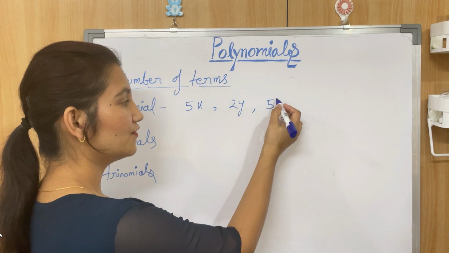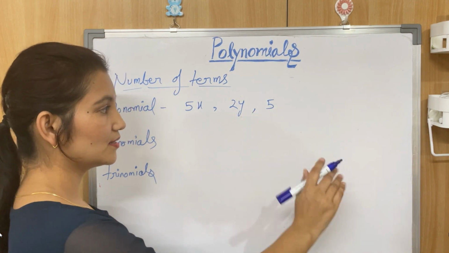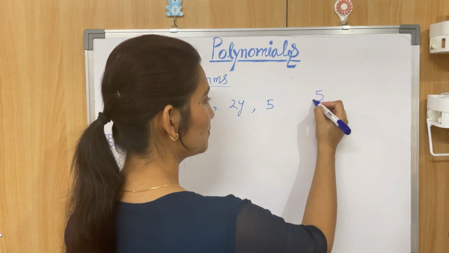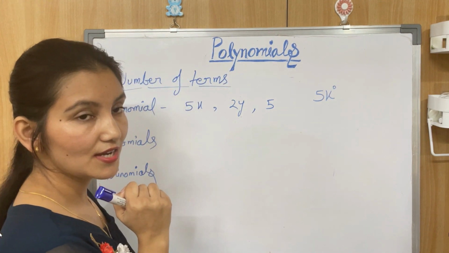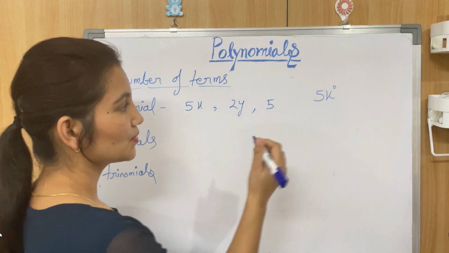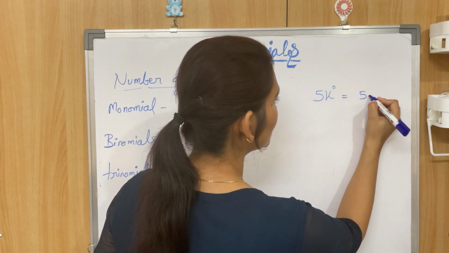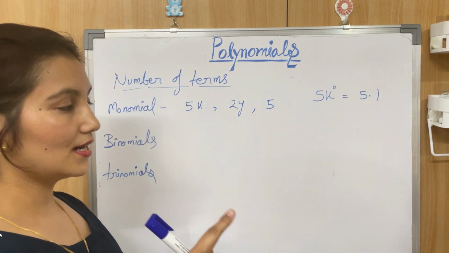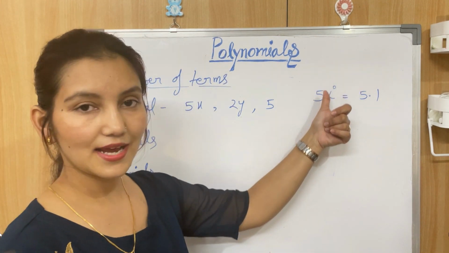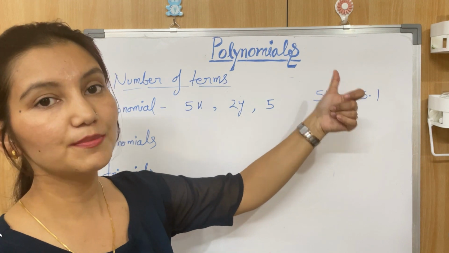If I write 5 like this, 5x to the power 0, then x to the power 0 is 1. You remember we said that the power of the variable should be a whole number.